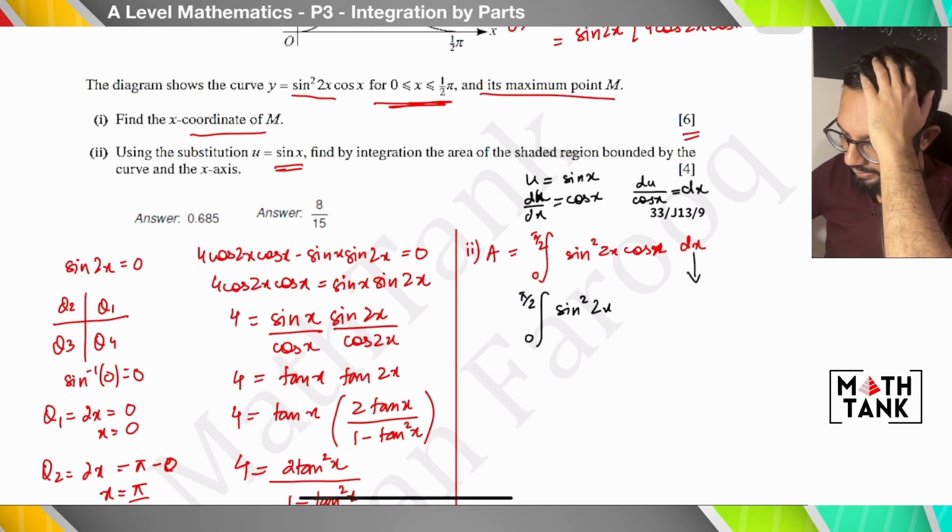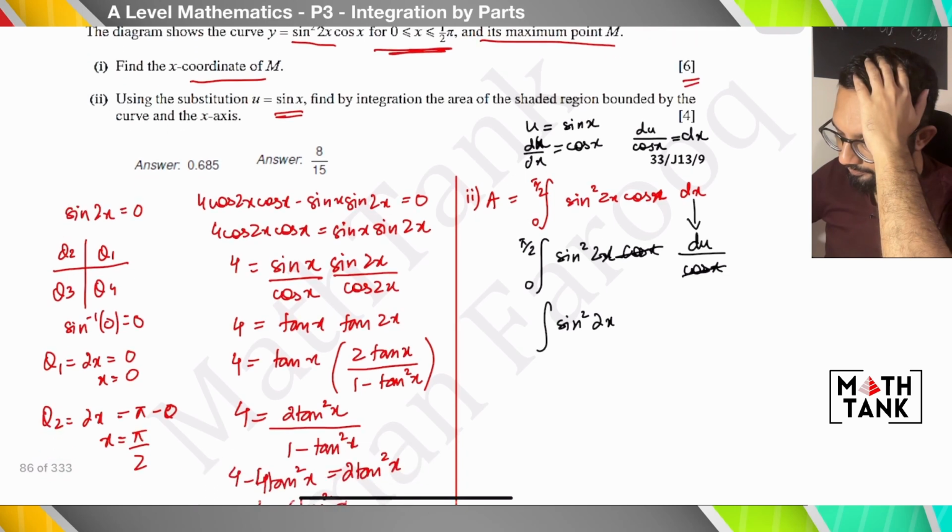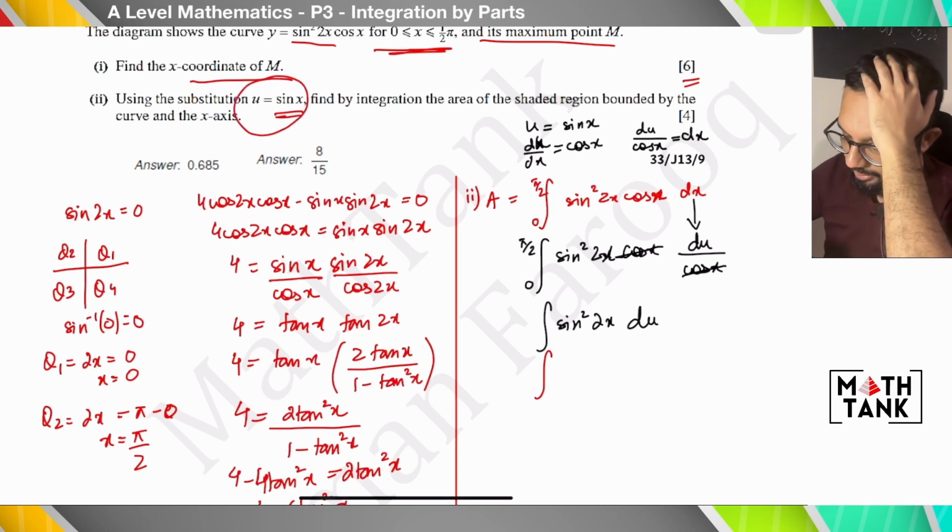So cos x and du over cos x, that helps me cancel this out. So I am left with sine squared 2x du.